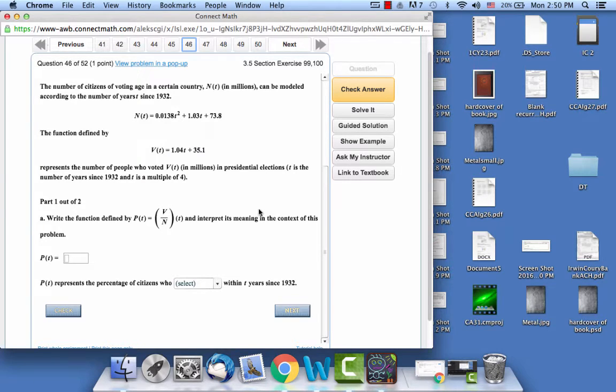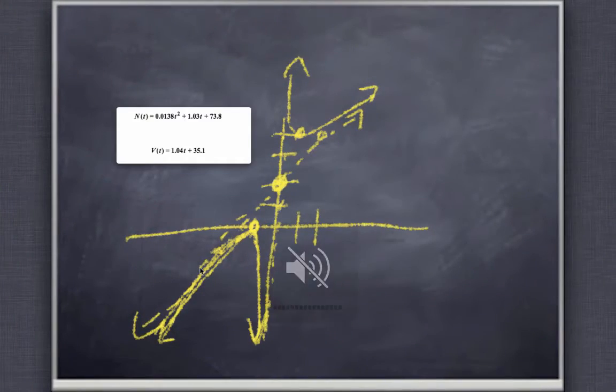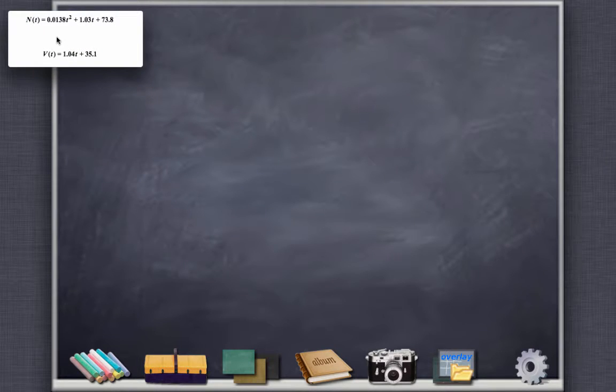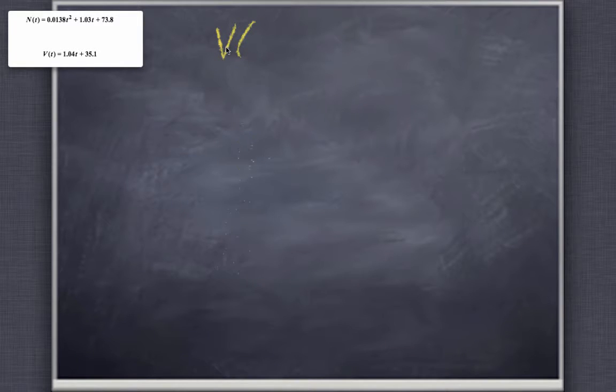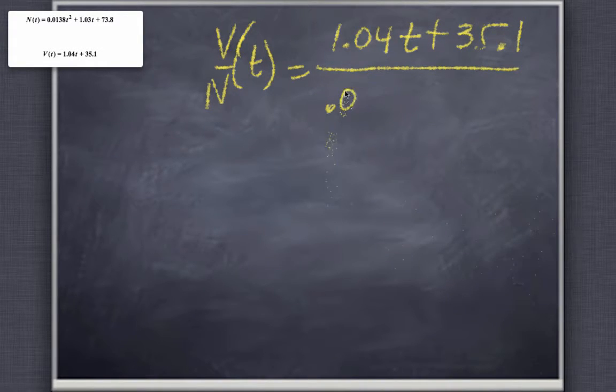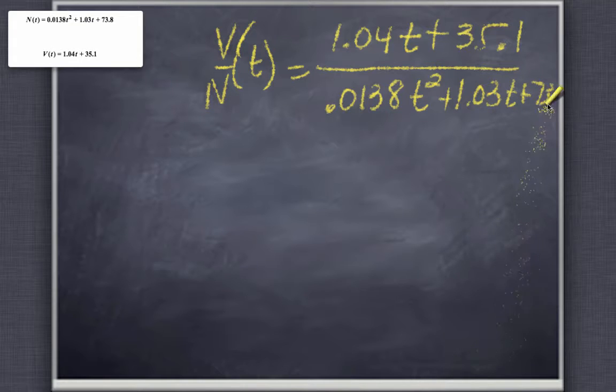So we get 1.04t plus 35.1 divided by 0.0138 t squared plus 1.03t plus 73.8.